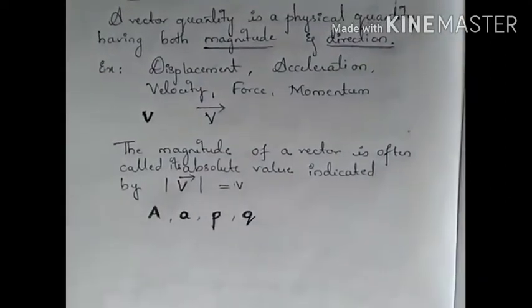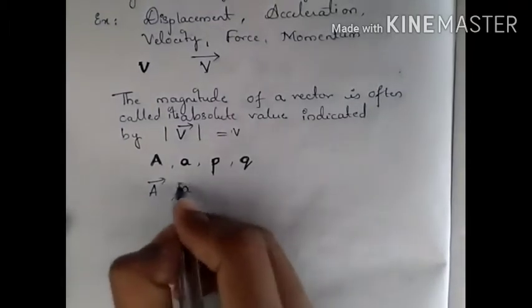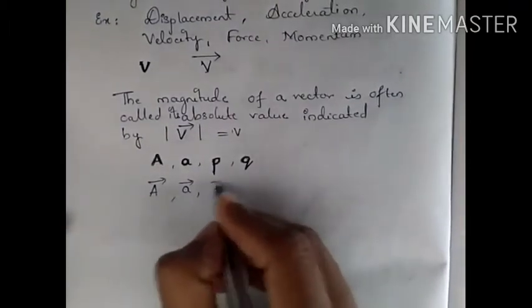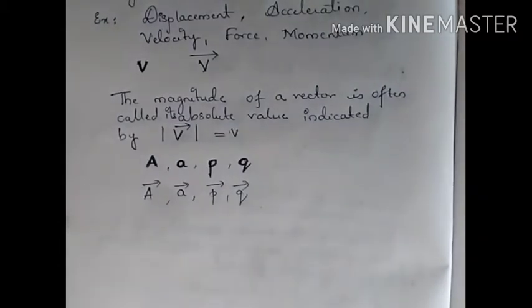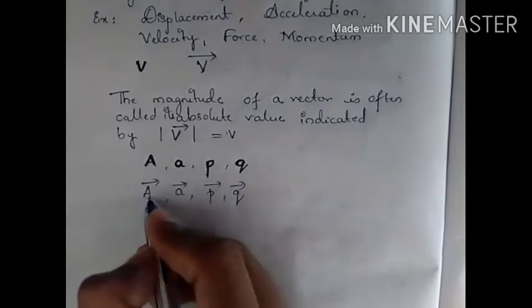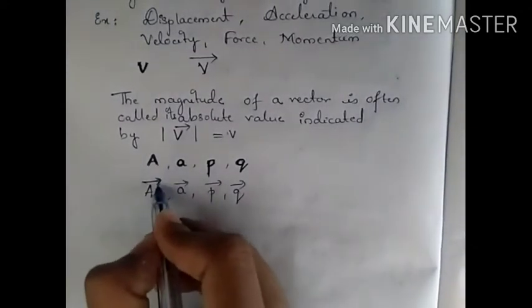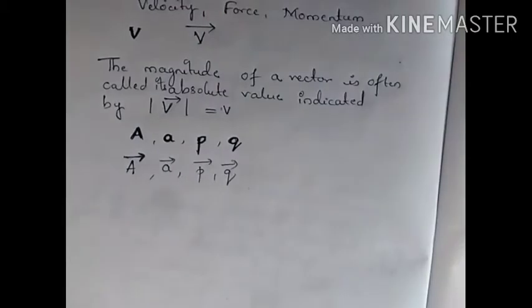If you are not comfortable writing a bold letter, then you can also write A vector, P vector, Q vector. All these represent the same. To denote vectors, you should always draw the arrow mark on top of the letter. So this is what the vector concept is.